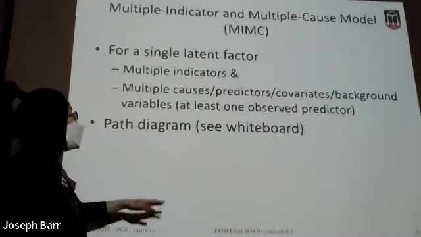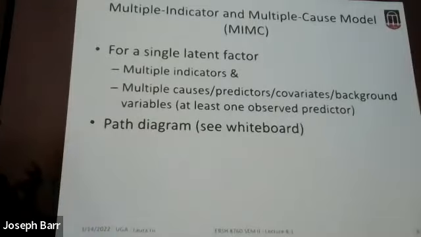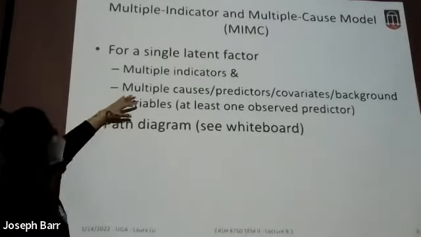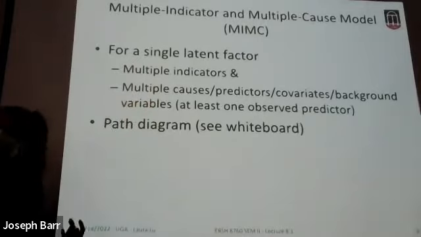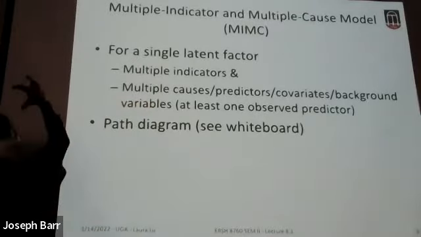For example, we have people's age, people's gender, and the family background, or some other causes. These multiple causes cause some latent variable, and that latent variable will be indicated or measured by some items.